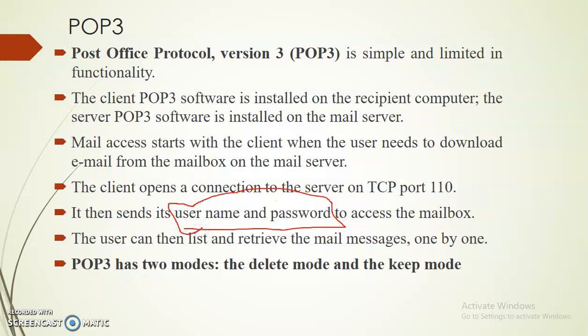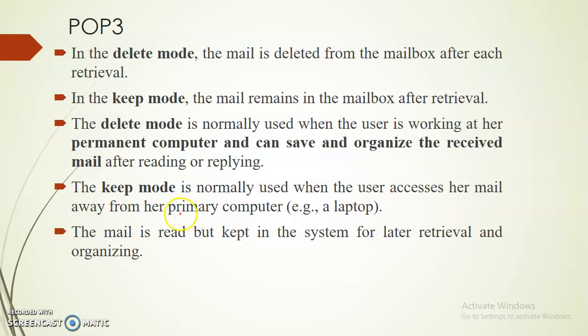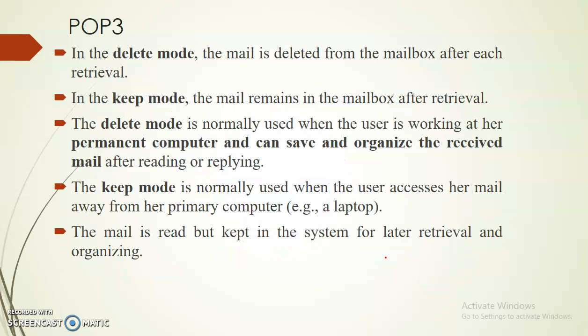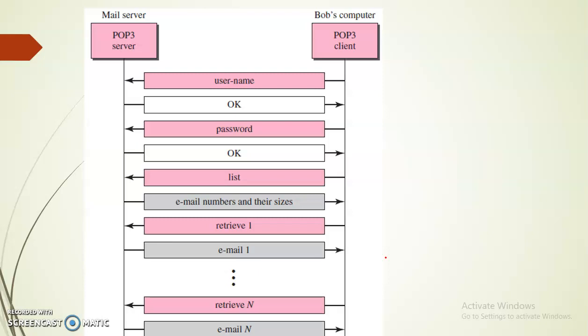There is a limitation of accessing, whereas in this we have two modes. One is the delete mode, the second is the keep mode. In delete mode, once you download the message to your machine, that message is deleted from the mail server. In keep mode, once you access the message, it stays on your machine as well as on the mail server. This is the process shown between the POP server and POP client.